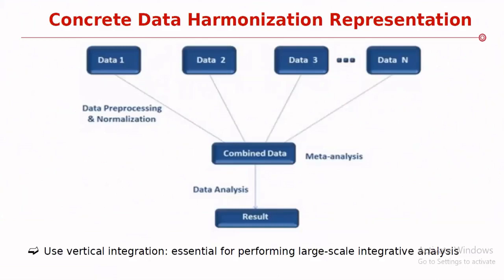This, I must acknowledge, came from the late Dr. Gaston's presentation, who was very keen on this concept of harmonization. What will happen is that different sites will generate different data sets.